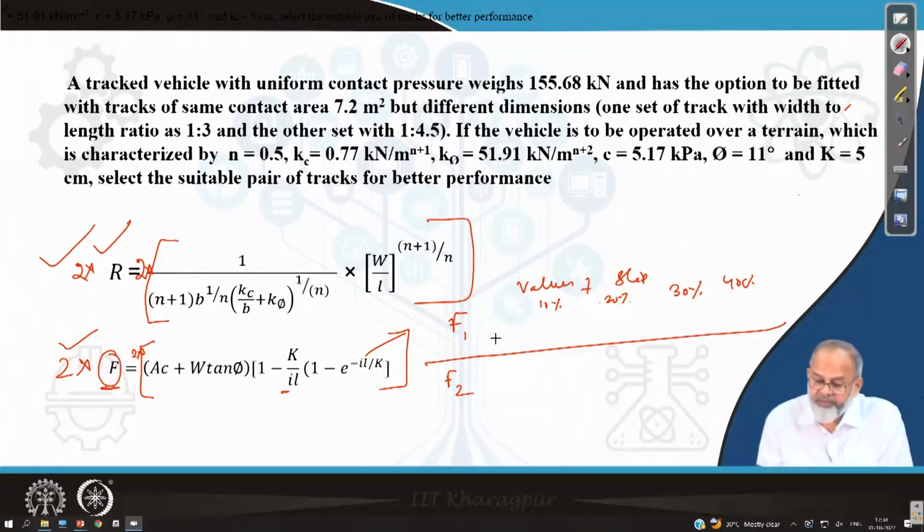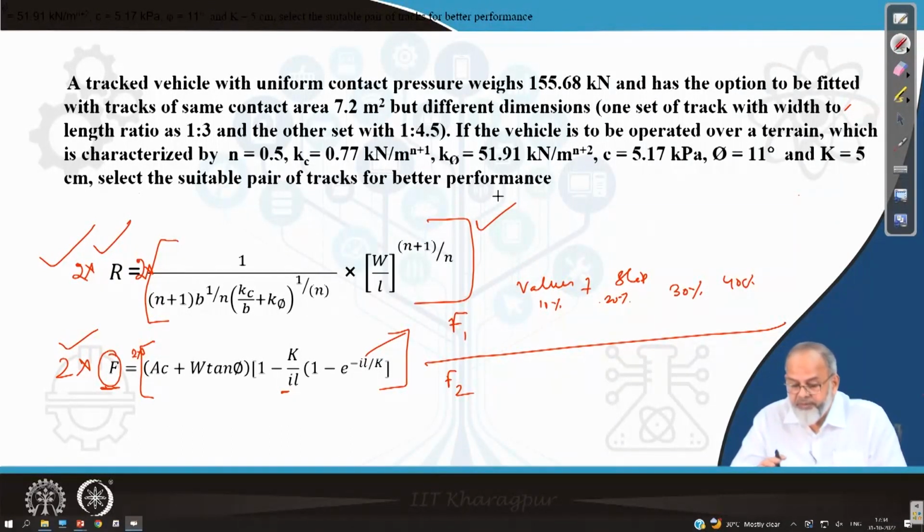To confirm that one again, you have to check the rolling resistance for both the tracks. That means you have to carry out comparison of tractive force for both the tracks and the rolling resistance for both the tracks. Then wherever you are getting higher tractive force and lesser rolling resistance, that has to be selected.